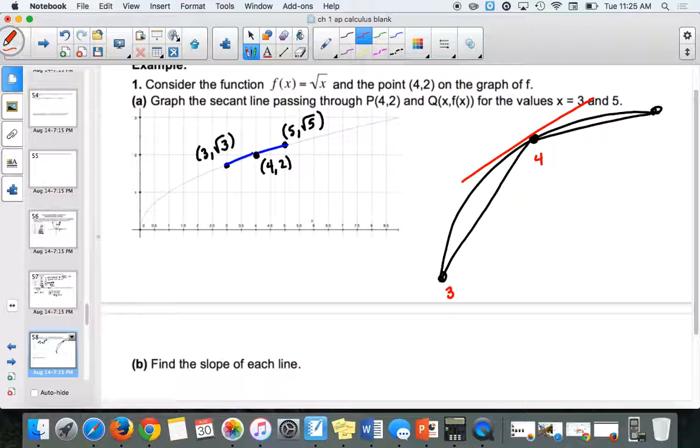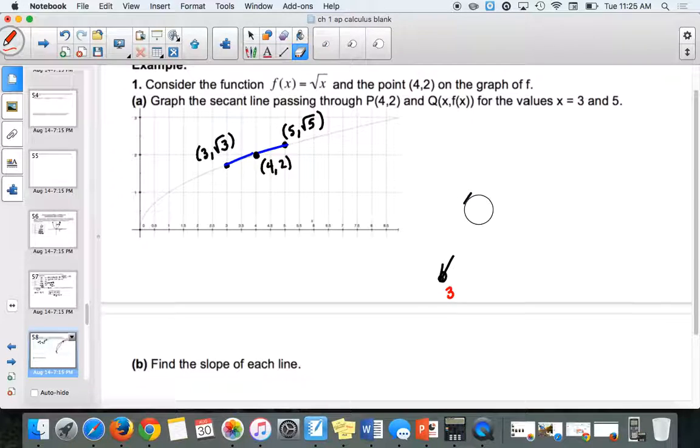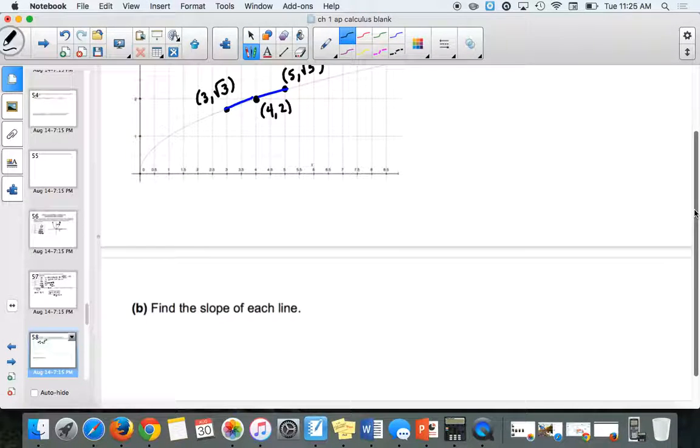Make sense? All right, so here we go. So graph the secant line going through both of those. So we have those little secant lines, and then we're going to find the slope of each line. So the first one is going to be, if I'm finding the slope between my points at 3 and 4, the point at 3 was (3, root 3), and the point at 4 was (4, 2).